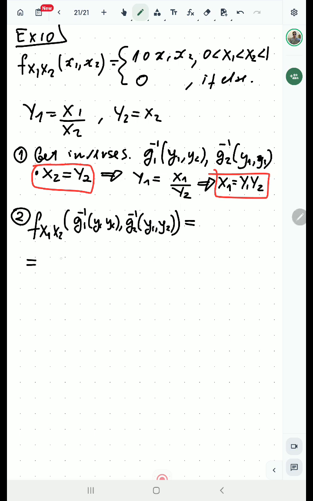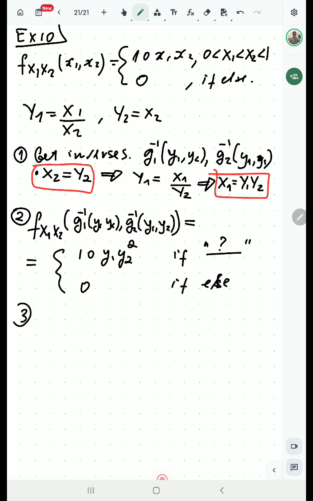So this is going to be equal to 10 times, instead of x1 we plug in y1 y2, times, instead of x2 we plug in y2, and 0 otherwise. Obviously I can rewrite it as 10 times y2 squared times y1. Great.